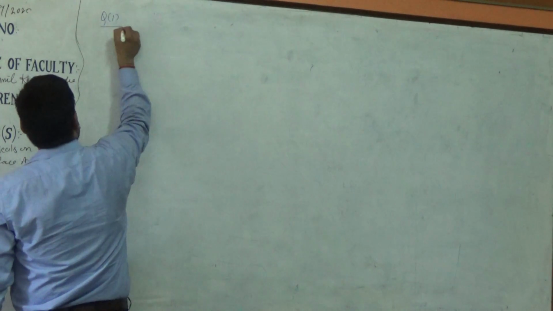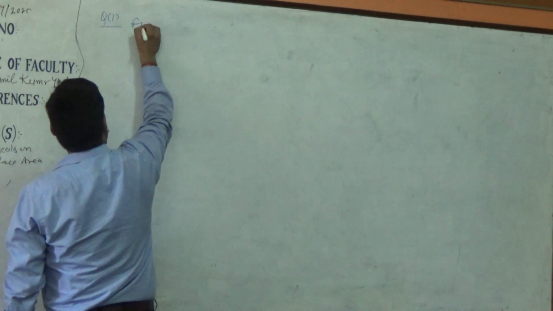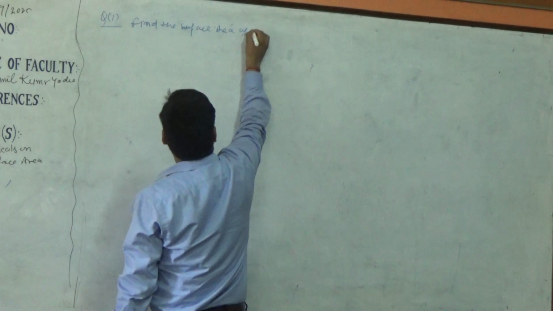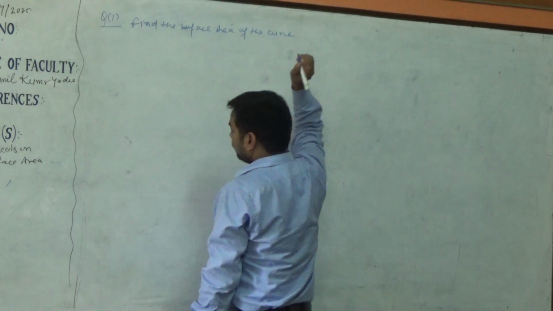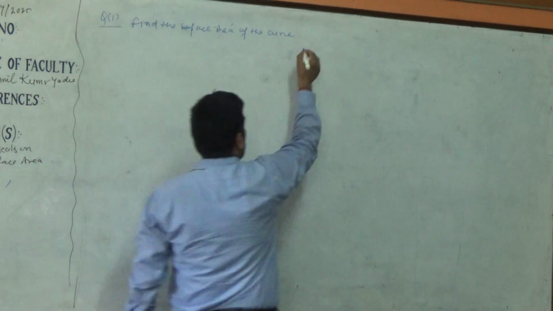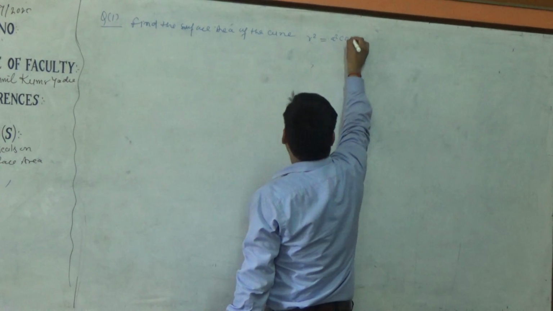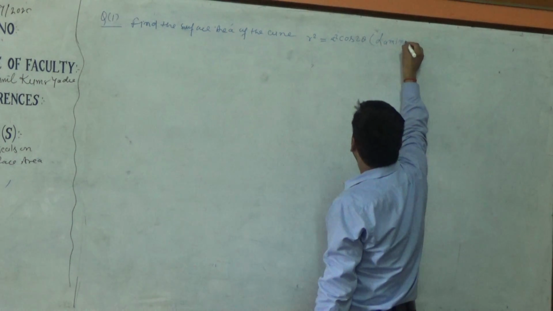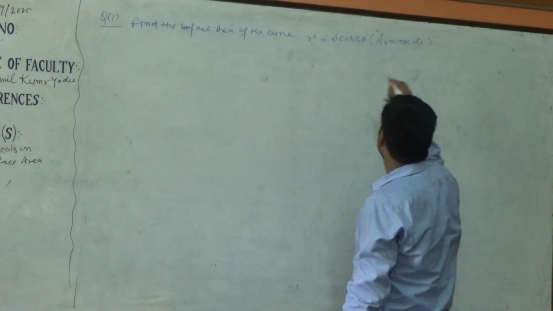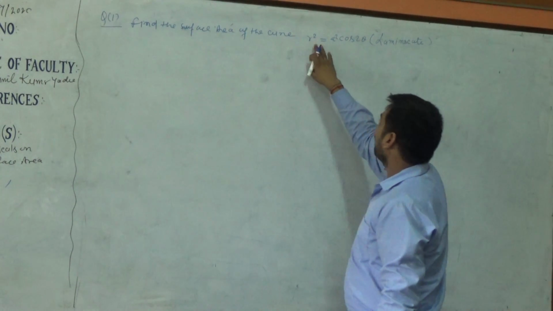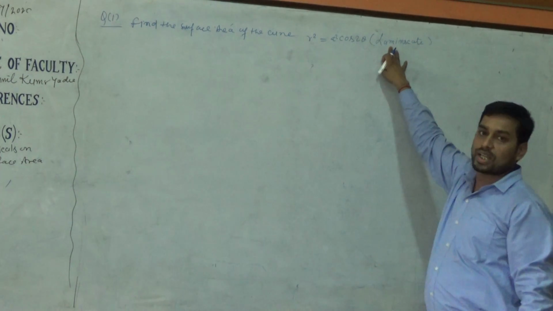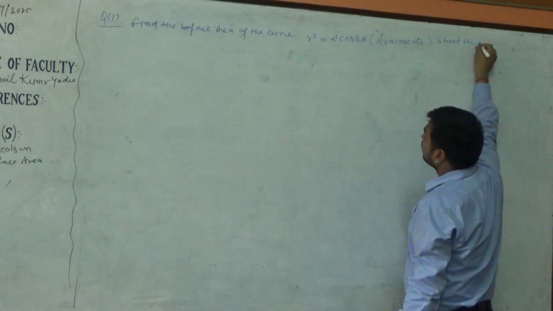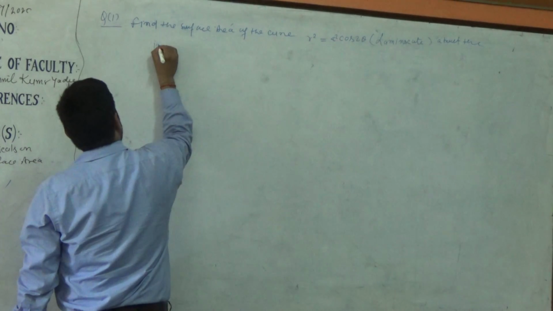Question first is, find the surface area of the curve r square equal to a square cos 2 theta, which is known as lemniscate, about the initial line.